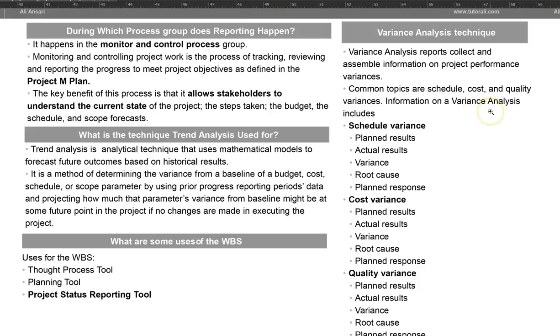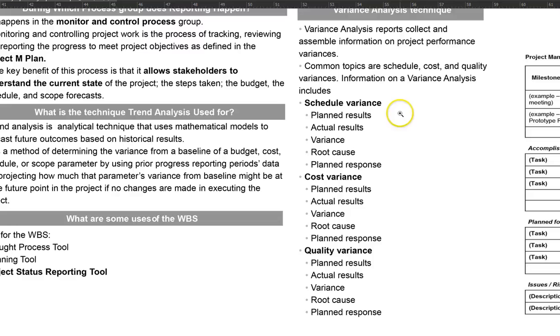Information in a variance analysis includes the planned results, the actual results, the variance from the planned results, the root cause that caused that variance, and the planned response to fix the variance. This will be the same for the schedule, the cost, the scope, and the quality variance.